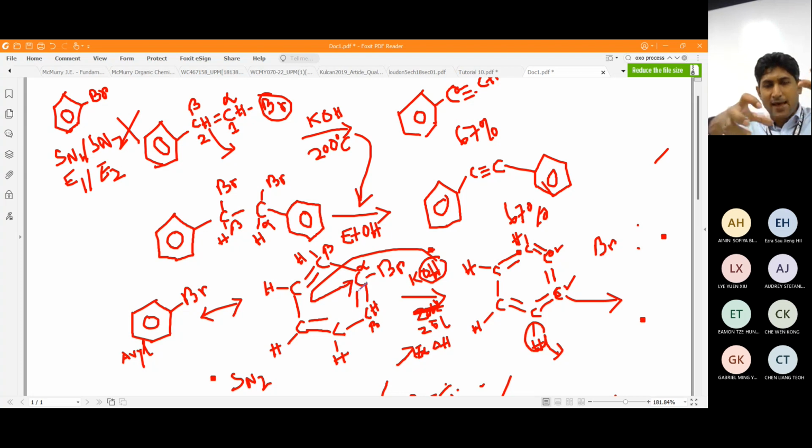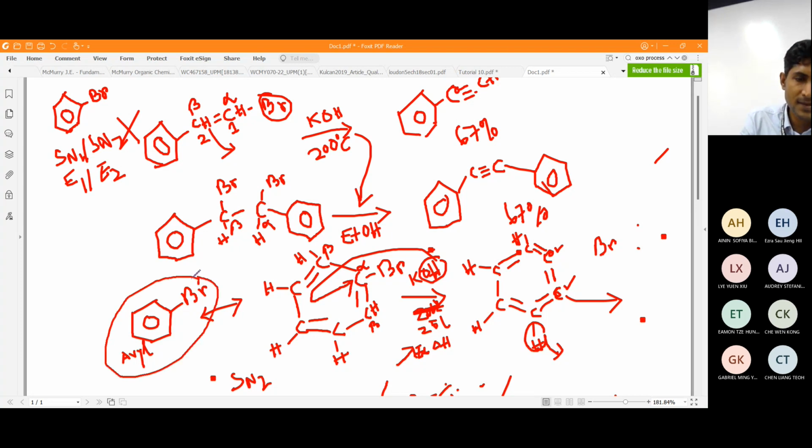Or if this model has to be a little distorted to make a way for this hydroxide to come and attack from 100 degrees or 80 degrees, the structure will break. There is no way that you can come around exactly 180 degrees behind the bromine and attack this carbon. And that is why no SN2 reaction is possible for this aryl halide. For aryl halide, it's not possible for SN2 or E2 reaction.